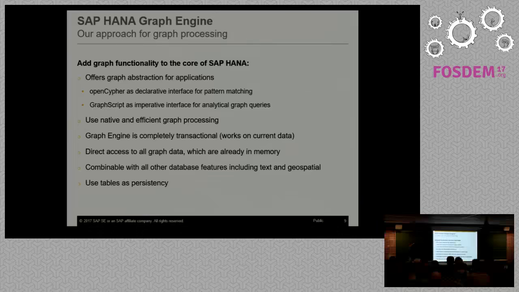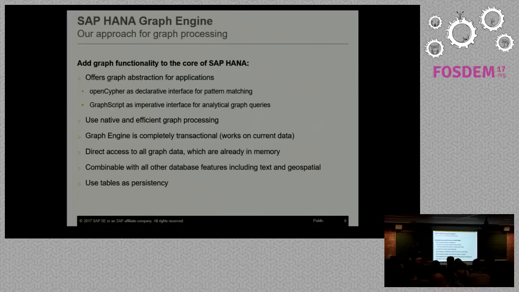Within the database, we can process the graph data in a native and so in an efficient way. The big advantage is that the graph engine is completely integrated into HANA, so we are completely transactional. We do not have to replicate the data, and we can process the most current data, so you never work on outdated data.